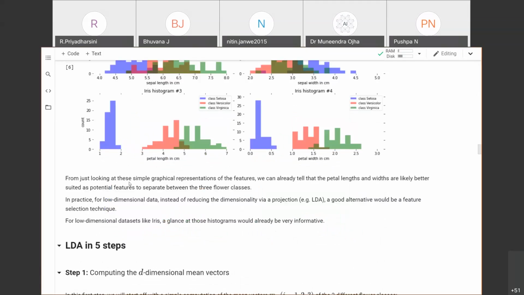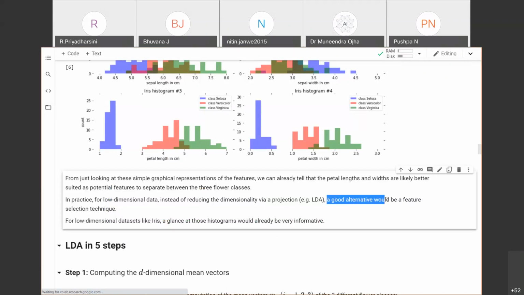So just from looking at these simple graphical representations of features, we can already tell that the petal lengths and widths are likely better suited as potential features to separate the three flower classes. In practice, for low dimensional data, instead of reducing the dimensionality via projection like LDA, a good alternative would be a feature selection technique.